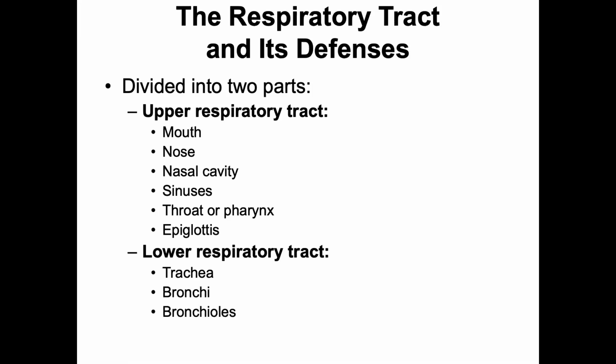The upper respiratory tract runs from the mouth to the epiglottis, which is the doorway into the voice box, the larynx. And from there into the trachea, from there into the bronchi, and then down into the bronchioles. Okay. The upper and the lower respiratory tract can definitely get infected.